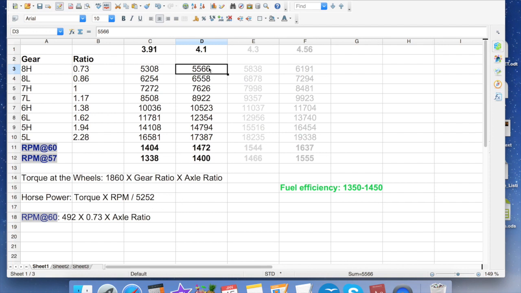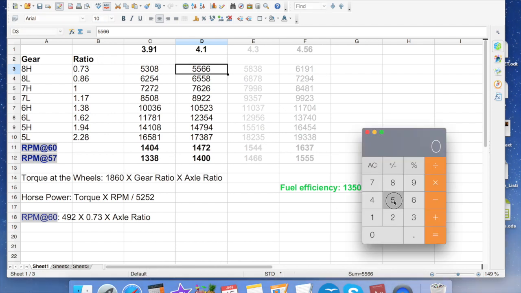But here, what we can see is that we can compare like 5566. Like, what does that do? So the difference is, what is it?